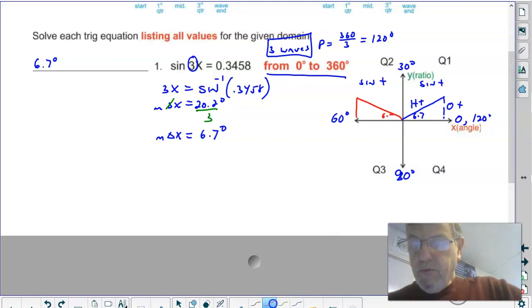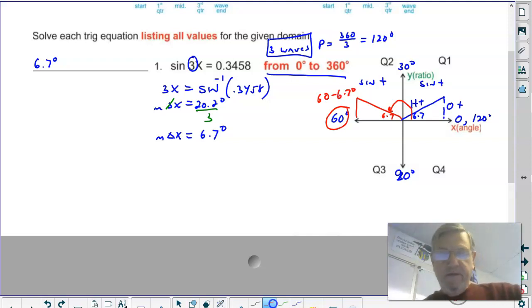And again, the 6.7 is there. Now be careful. How much is it from there to there? We'll go all the way to the 60 and back up 6.7 less. And what is that? 53.3 degrees. So there's a second value, 53.3 degrees.